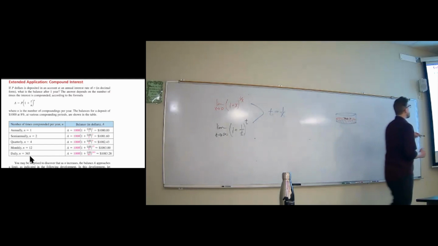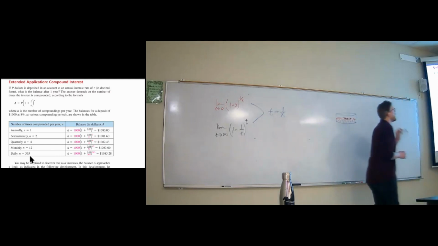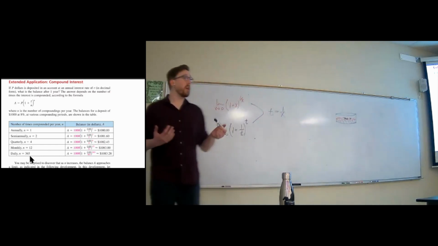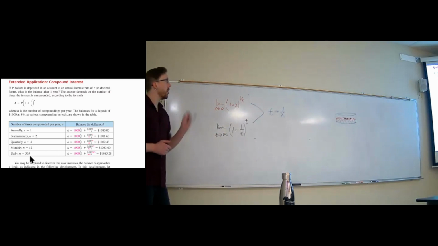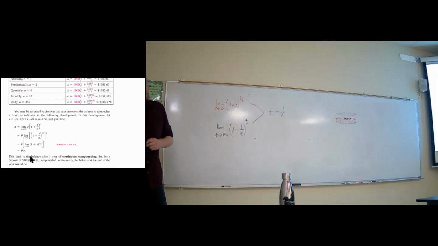So if we want to know what it would look like for interest to compound continuously, we could logically ask what it would be if n went to infinity, right? That makes sense in this context, agreed? And that is exactly what it is. You take the limit as n goes to infinity. Well, we can pull out this P.